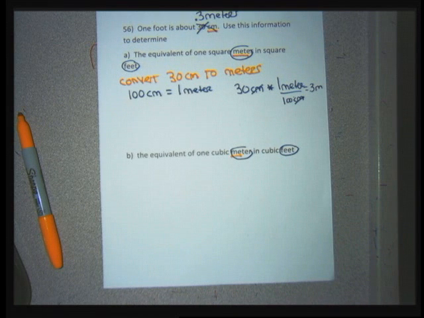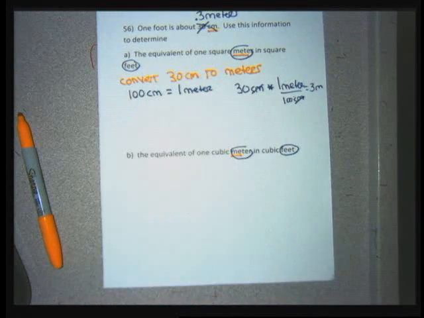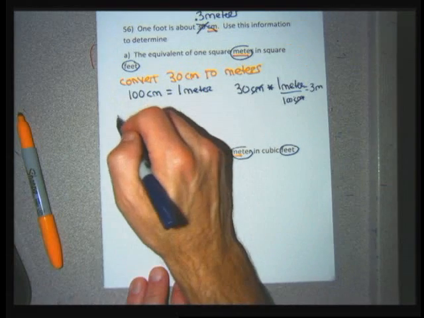Getting that 30 centimeters to meters is a nice place to start because it's going to give me the ability to do the work. But we haven't done any work like this yet. If you've had chemistry, then likely you can do this without me helping you. But this is converting square units to square units, and I don't have, unfortunately, square units in my relationship.